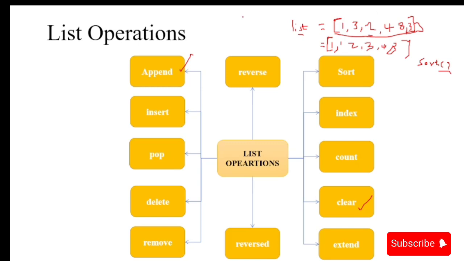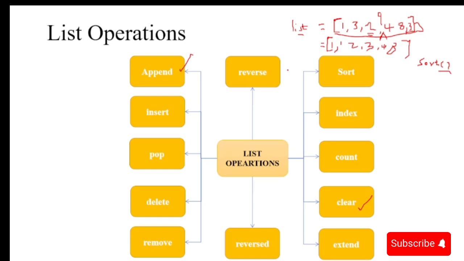If I have insert, I can specify that I want to add my value, for example 9, at this index. I want to add after index 2. Remember, this is index 0, index 1, and then index 2.